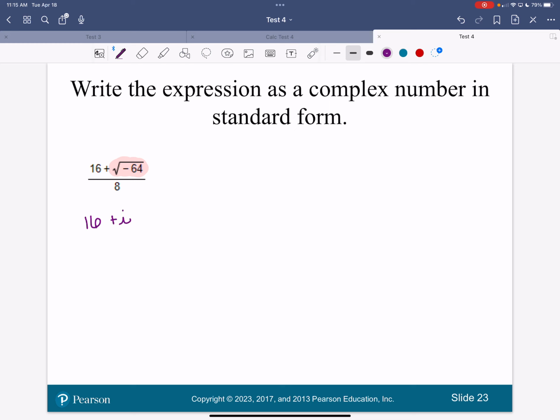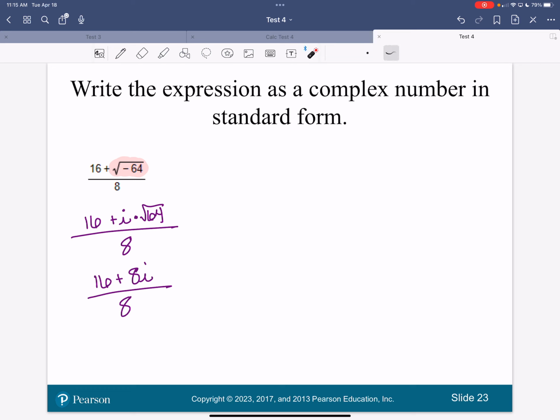Okay, so then I'm going to have plus i, and that's going to leave 64 inside the square root. Can I take the square root of 64? What is it? 8. So this is going to be 16 plus 8i over 8.